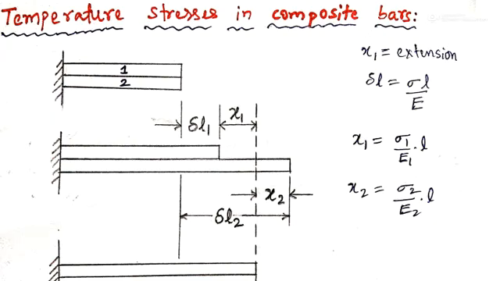Now we are seeing analysis of temperature stresses in composite bars. Let us take a composite bar which is made by two materials, 1 and 2, and which is fixed on left side and also which is joined rigidly on the right side.